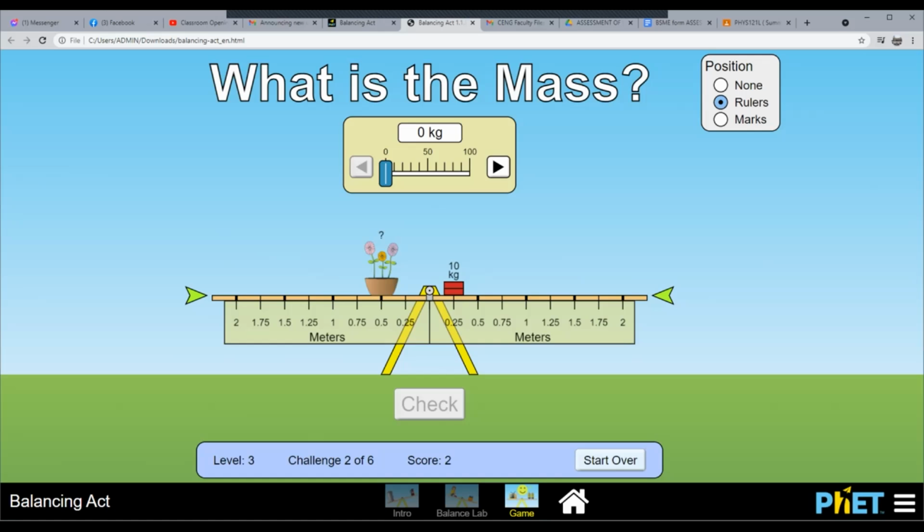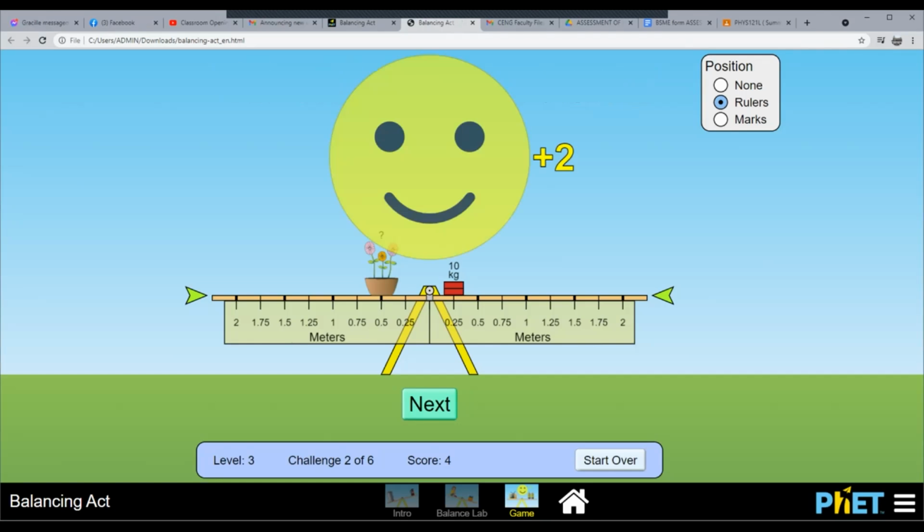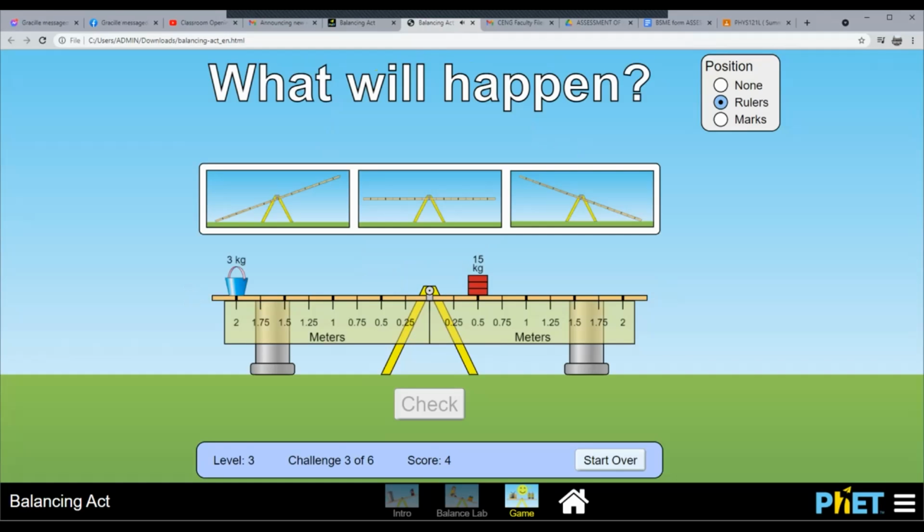What's your answer? 5? Yes po, ma'am. 5 kilogram? Okay, so let us check. Next, what will happen? This is the first, second, or the third condition? First condition po.